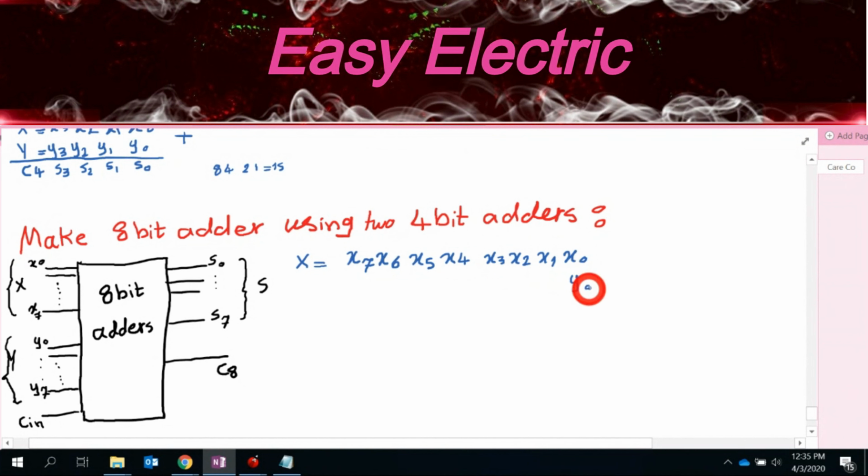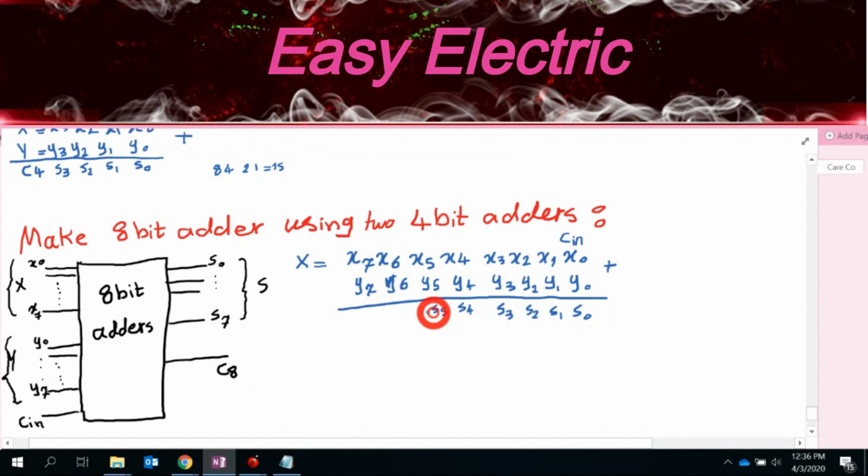Same thing, you have y0, y1, y2, y3, y4, y5, y6, and y7. If you want to have the carry, cin, definitely you add here, you say add, and you got this, okay? So you got actually the S0, S1, S2, S3, S4, S5, S6, and S7.